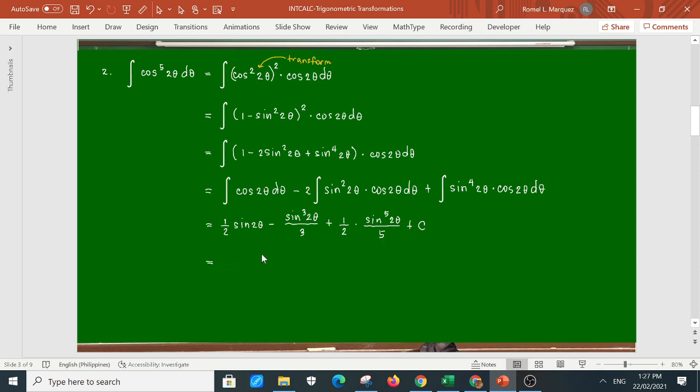Let's just simplify the numerical coefficients of the last term. 1/2 sine 2 theta. The introduction of a constant inside, you can do that mentally, no? So by this time, if you are already in the technique, you should know how to handle basic integration mentally in most cases, okay? 1 over 10 here, sine to the 5th 2 theta plus C.